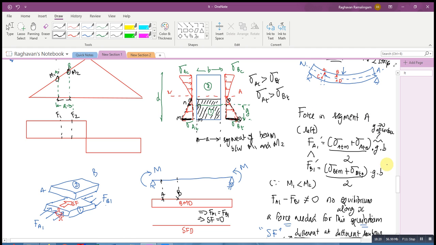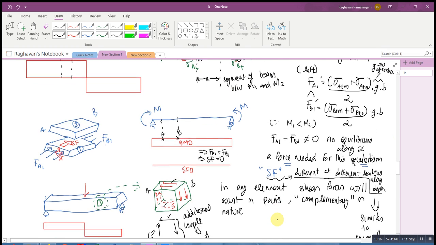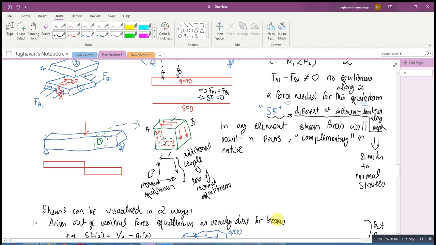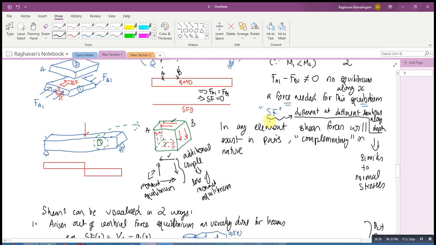Okay, so this will give you Fa1 as 0 and Fb1 as 0, and therefore shear force will also come as 0. So therefore, at surfaces, shear stresses, or rather shear forces, will be equal to 0. Tau, the symbol which we use for shear stress, will be 0.